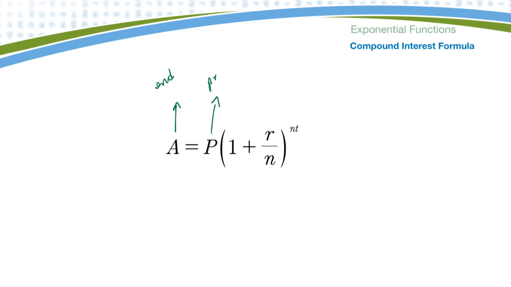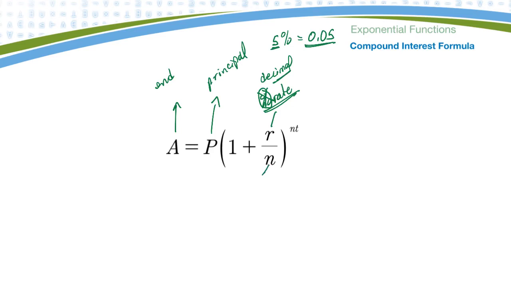P is your principal, and that's how much money you're starting with. R stands for your interest rate, whatever your percent interest is. And make sure when you type in the rate that you don't express it as a percent, express it as a decimal. So for example, 5% would be the same as 0.05. We always divide this number by 100.